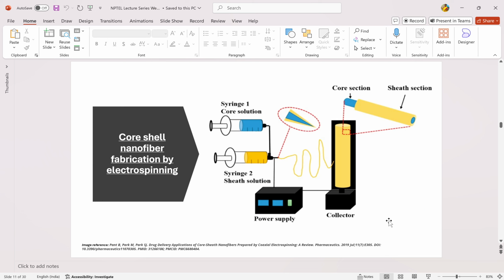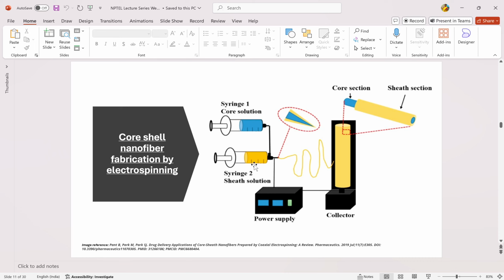Okay, so moving on, we have another very important kind of nanofiber fabrication. You can do normal nanofiber fabrication, and you can do core shell nanofiber fabrication. This is also very important because your core will be made of one polymer solution, and your shell will be made of another polymer solution.